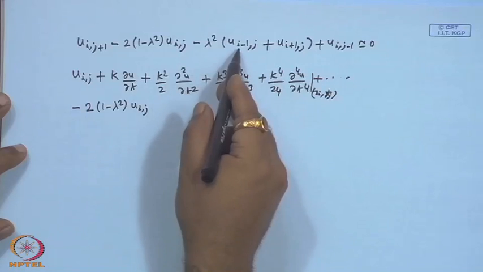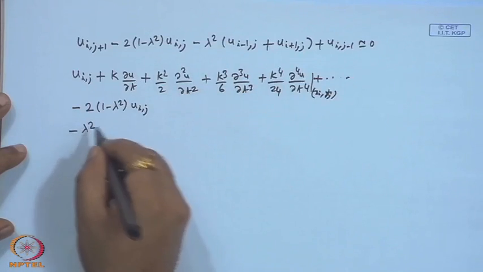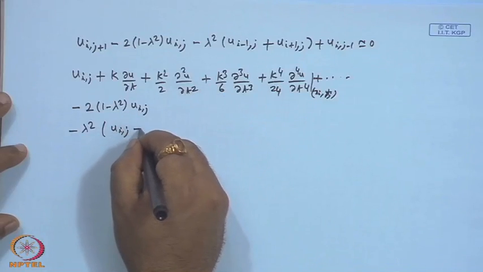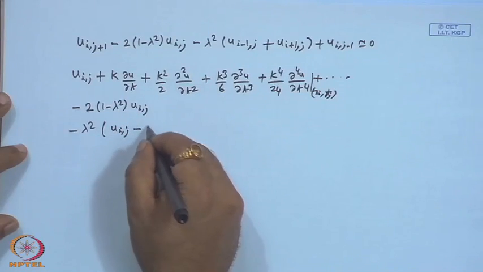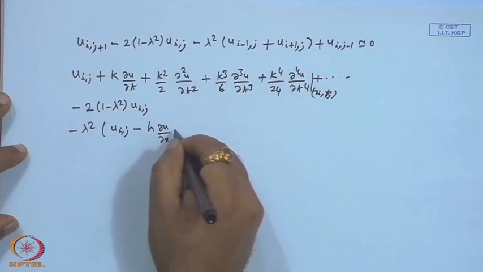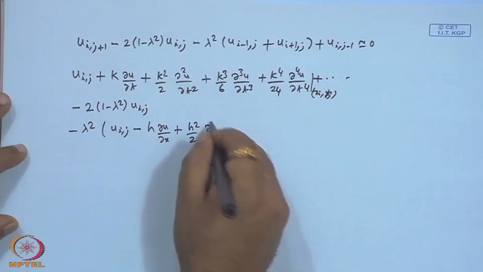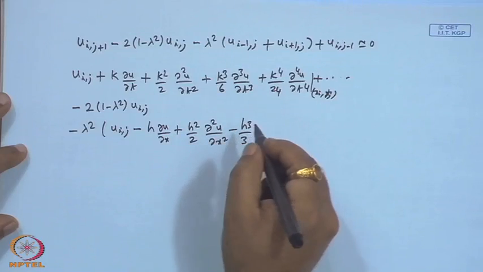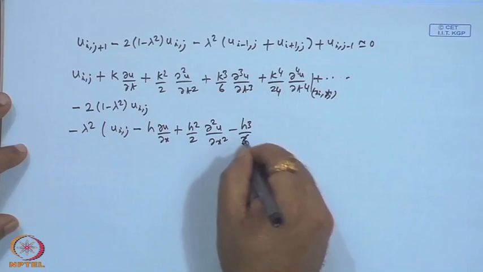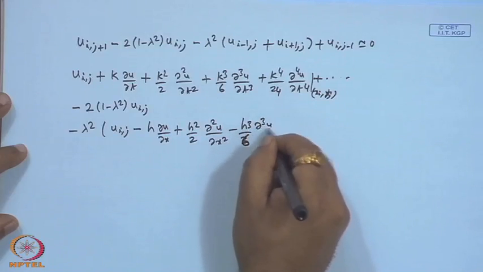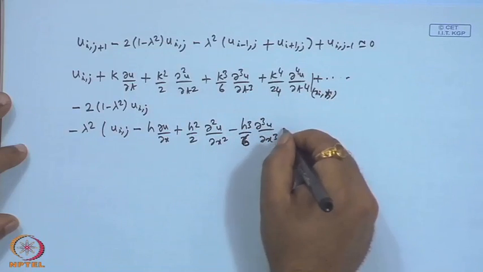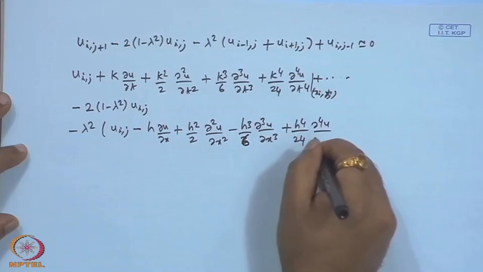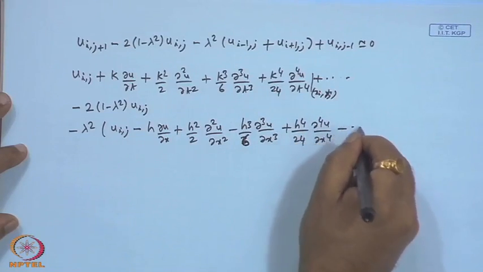This term is done, then this one, minus lambda square u_i,j, and so on.